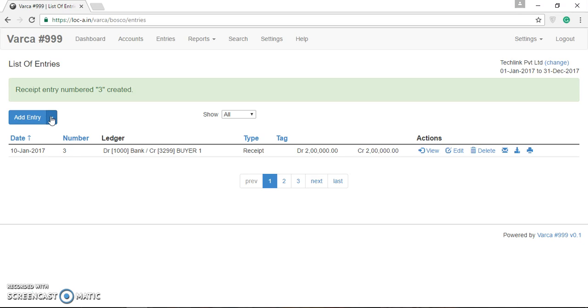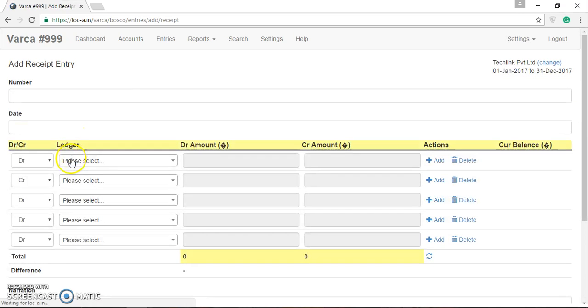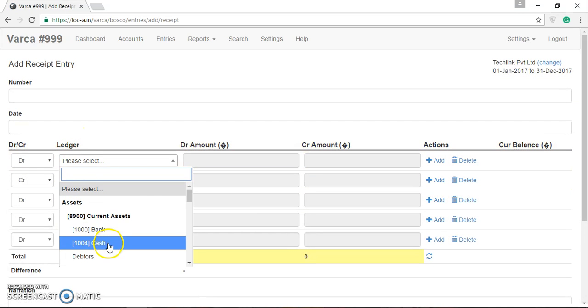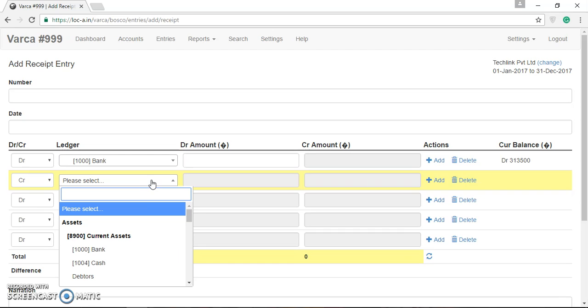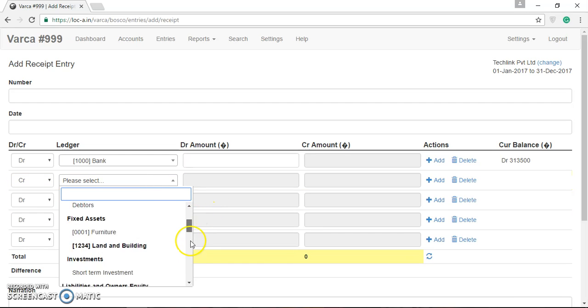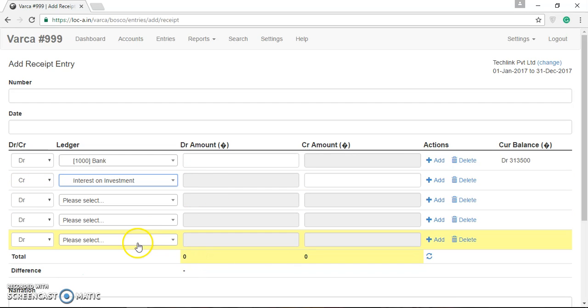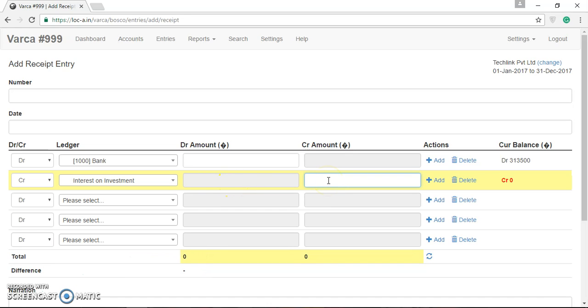Now let us make a list of income entries. So reset. Again, bank account, debtor 2, interest on investment, which is 1,500.